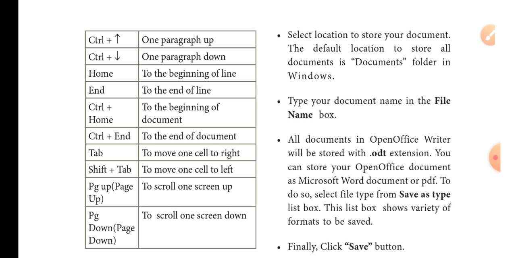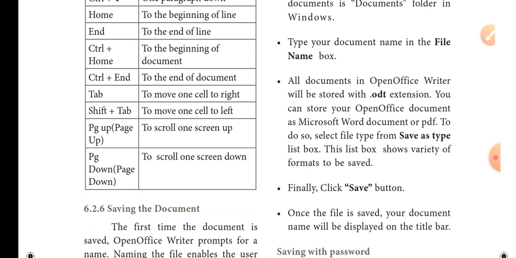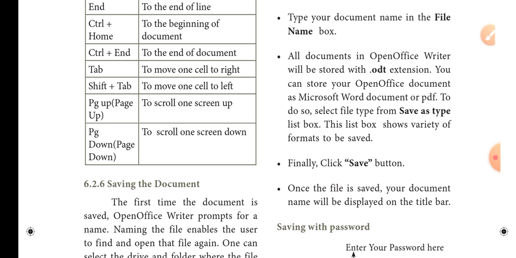That means one page. To move the insertion pointer to the previous page, the page up key is used. Suppose you want to move the insertion pointer to the next page, simply press the page down key. These are the key combinations used to move the insertion pointer anywhere in the document.